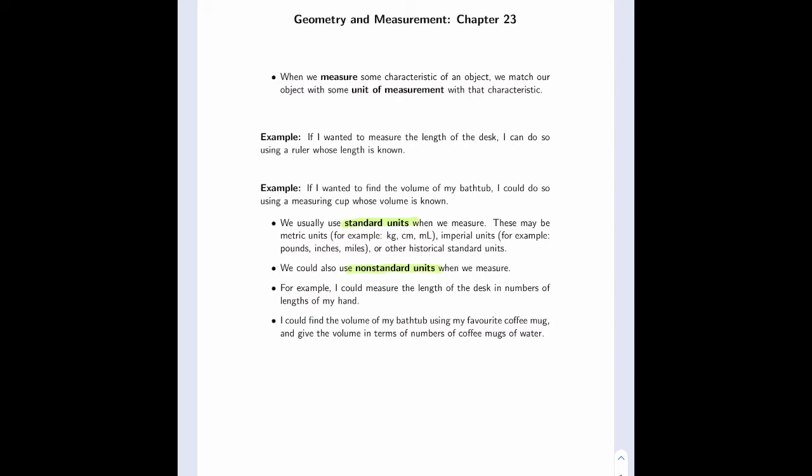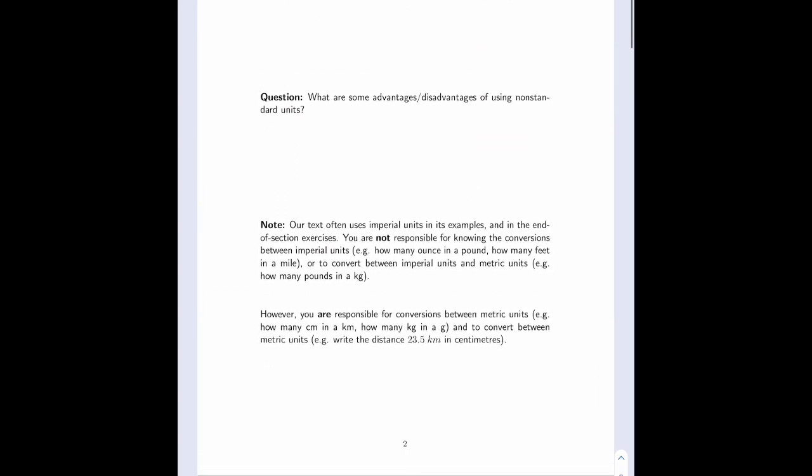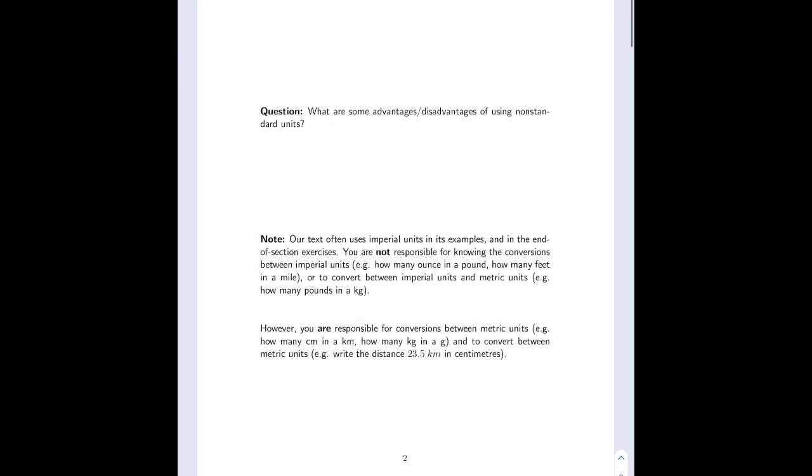I know how much water it holds. Or I could do it using something non-standard, like my favorite coffee mug, and see how many coffee mugs of water are in the bathtub. Typically, of course, we use standard units. It allows us to communicate with each other.